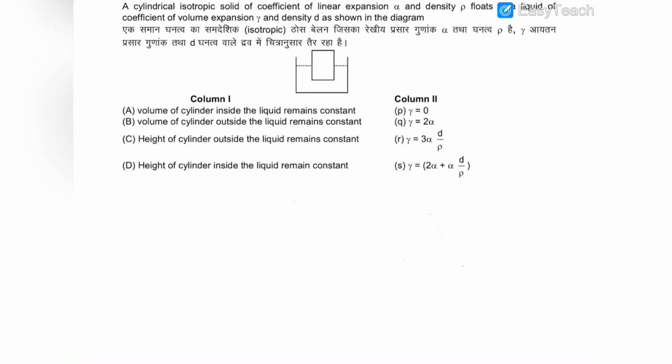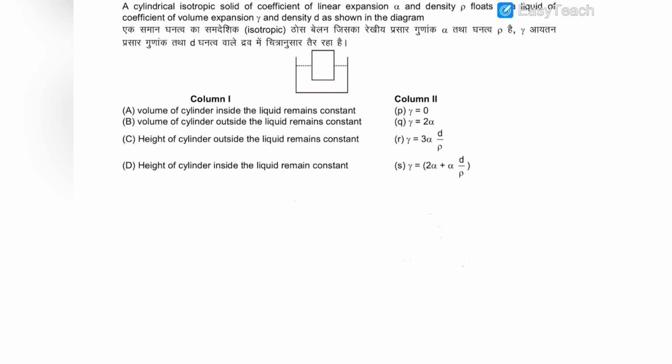In this example, there is a cylindrical isotropic solid of coefficient of linear expansion alpha, and the density of this cylinder is rho.